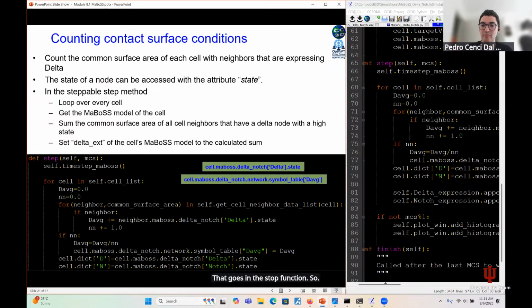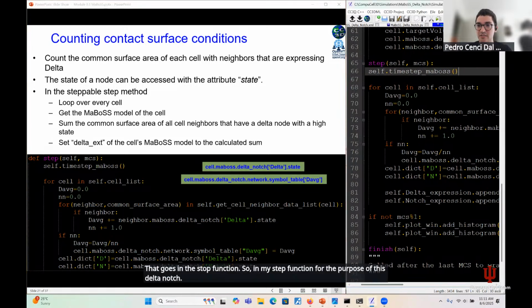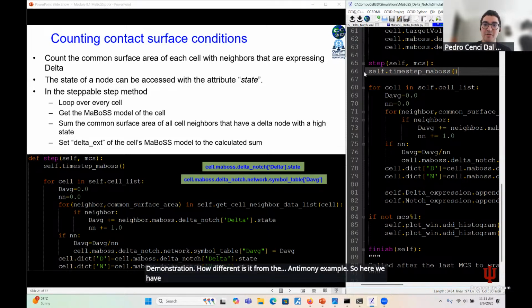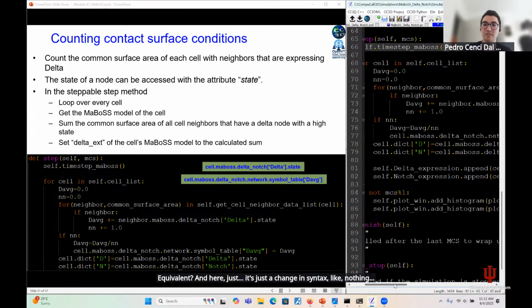So in my step function, for the purpose of this delta notch demonstration, how different is it from the antimony example? So here we have time step MaBoSS, and we also have a time step antimony equivalent. And here it's just a change in syntax, like nothing else will really change.